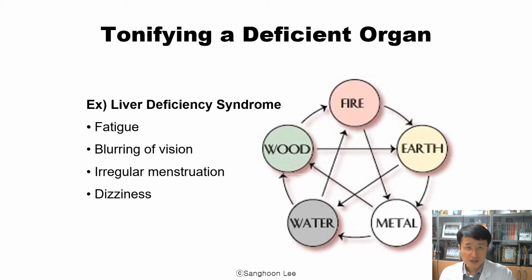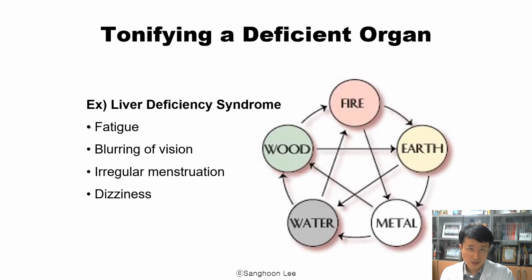For your better understanding, let's use an example. If liver meridian is in deficiency and the patient has fatigue, blurring of vision, irregular menstruation, and dizziness.